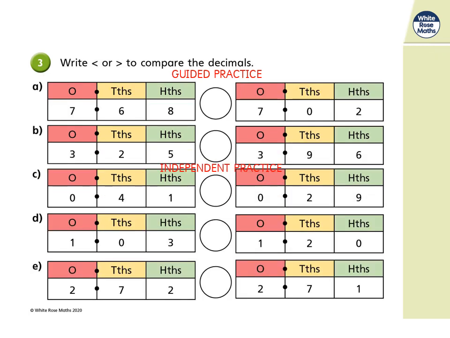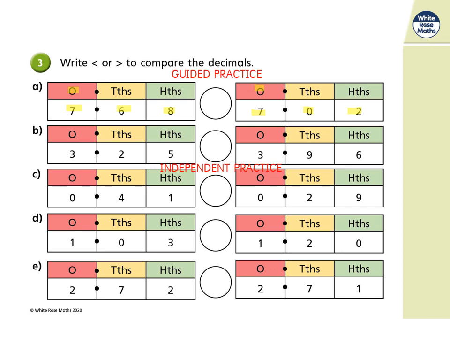Right, lovely. We are now going to be using more than or less than to compare the decimals. And this time they are not in counters, we're using the abstract form, so we're using the numbers. Here in A, we've got 7.68. And on this side, we've got 7.02. Now, I'm going to start with my highest value in the ones column. They're both the same. We both have 7.